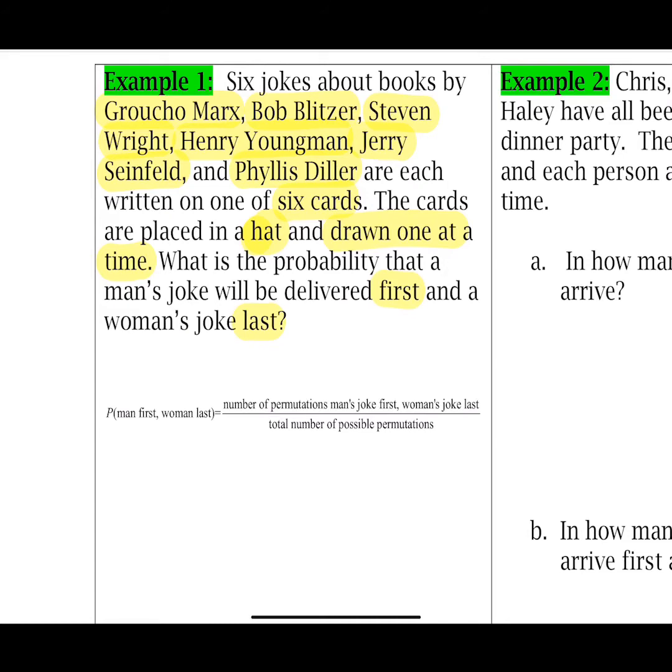You have 6 cards. So let me go ahead and draw these cards first. 1, 2, 3, 4, 5, 6. Yeah, 6 cards. And let me go ahead and draw a hat so you know what's happening here.